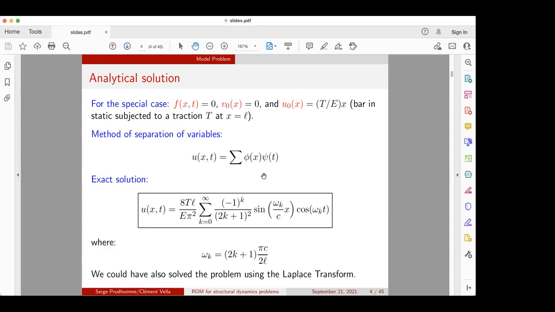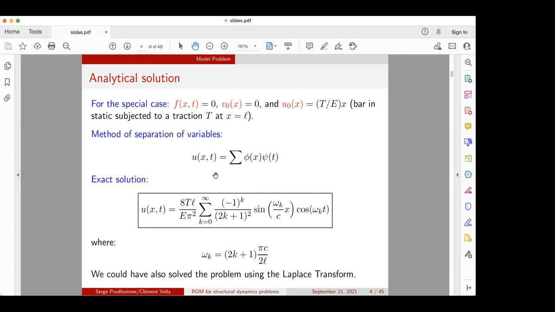What we see here is essentially that the exact solution is given as a combination of modes in x and modes in t. And later on, when we are going to do the PGD, this is going to be our goal, to find on the fly the phi(x) and the psi(t).